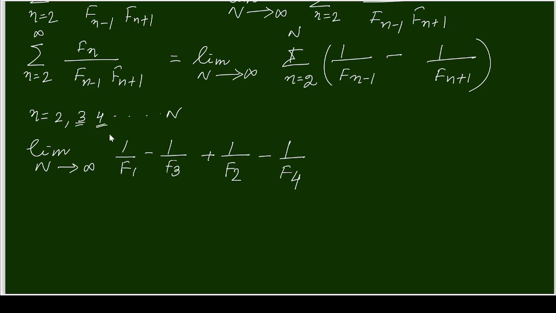Next, when I put n equals 4, it will be f3 minus 1 over f5, and so on, and the last will be minus f n minus 1, f n plus 1.